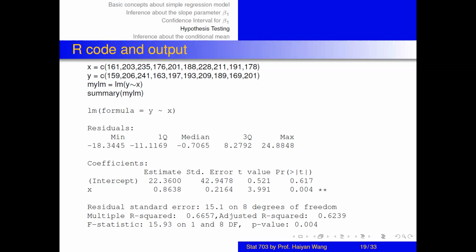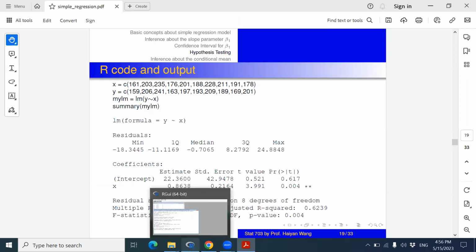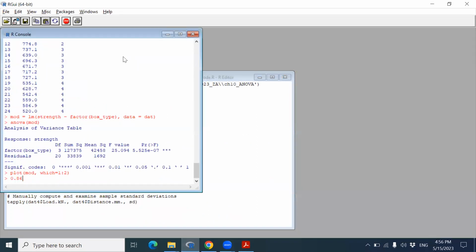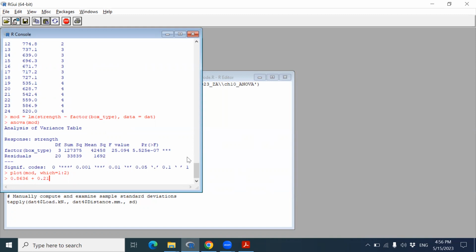In this particular example, let me show that in R. Here we have 0.8636. This is the beta 1 hat. And then we have this plus or minus. I'm going to temporarily do the plus part. Plus the standard error, 0.2164, multiplied by the t critical value. The t critical value is obtained by qt.